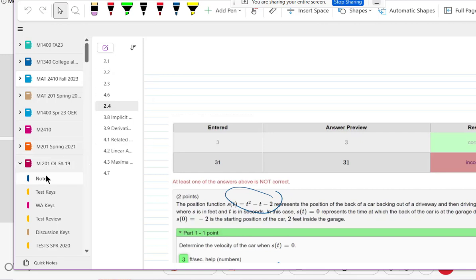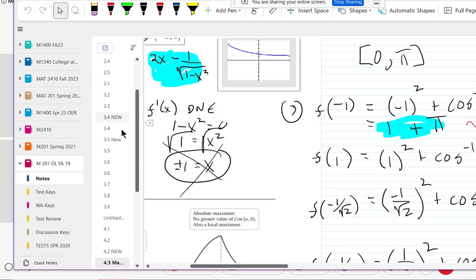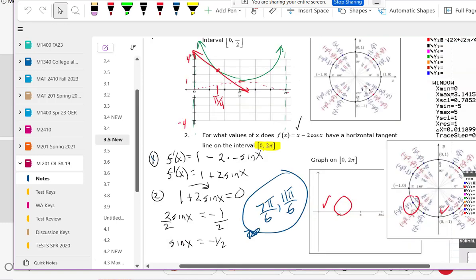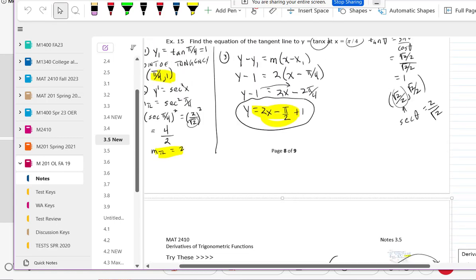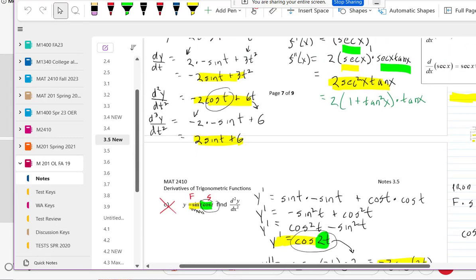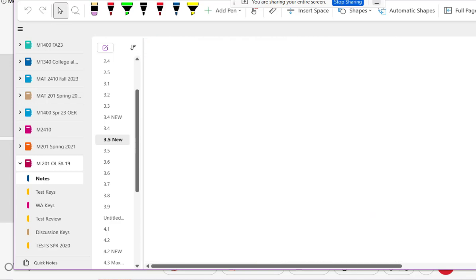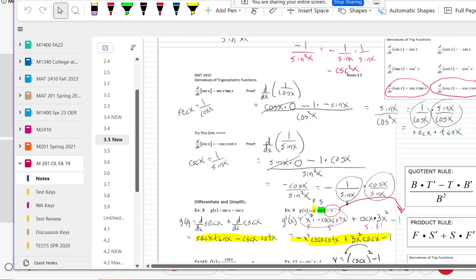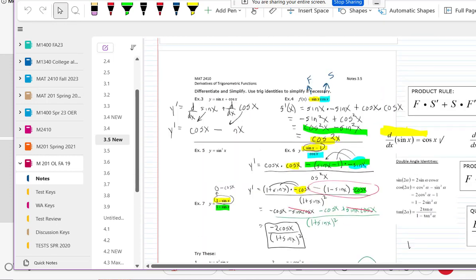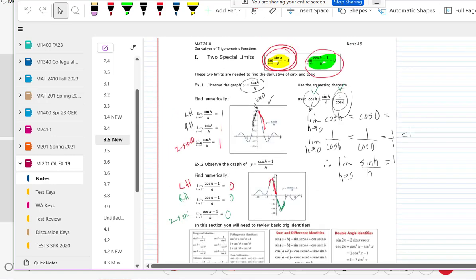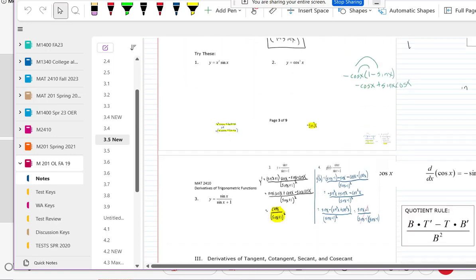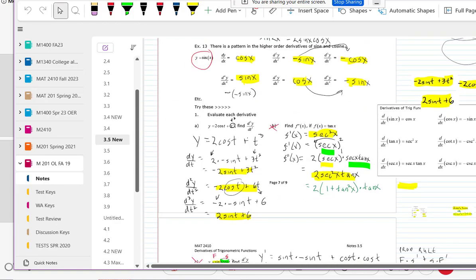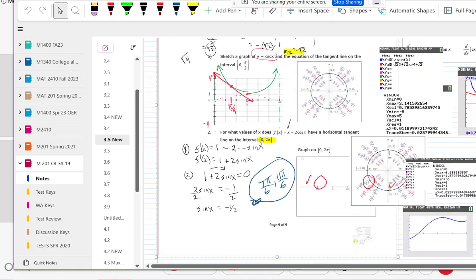Should be one in here somewhere. Okay, here we go. Let me just grab one of these unit circles somewhere. Shoot. There we go.